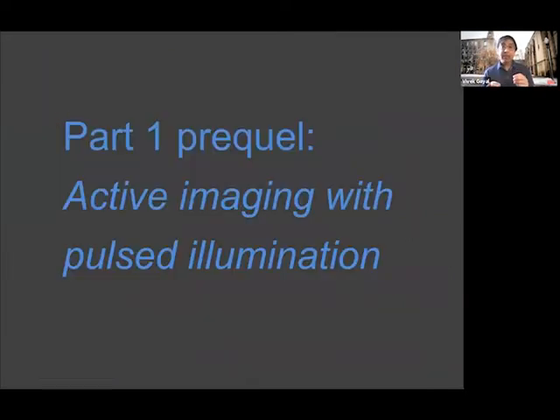Today, we're going to pay attention to every click. And in part 1, the clicks are caused by individual photons. This is in the context of active imaging with pulsed illumination, also known as direct time-of-flight lidar. And we're going to go down way below 1,000,000 photons per pixel, down to 1 photon per pixel.